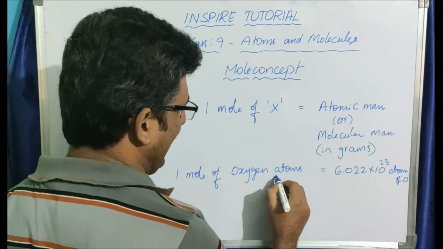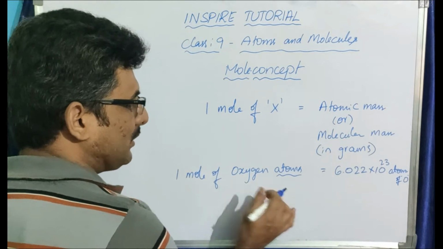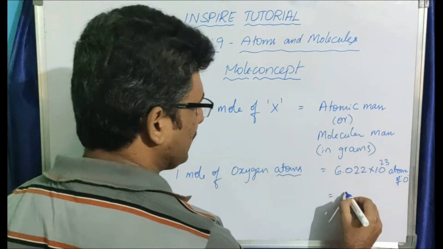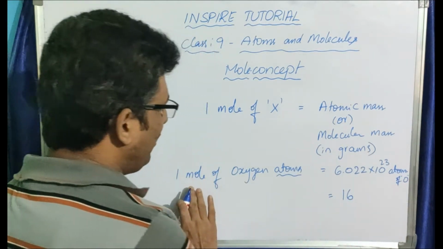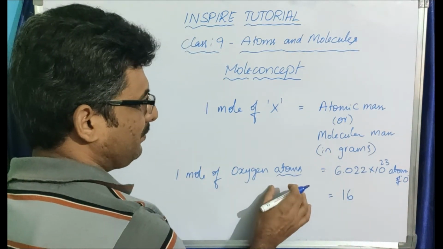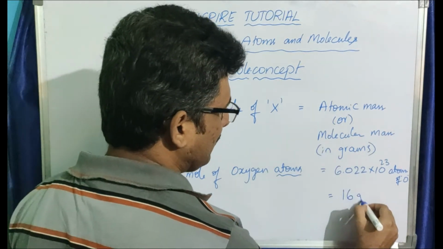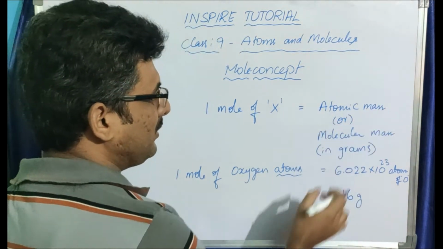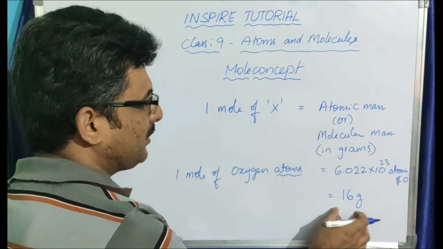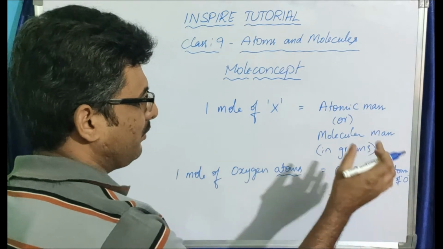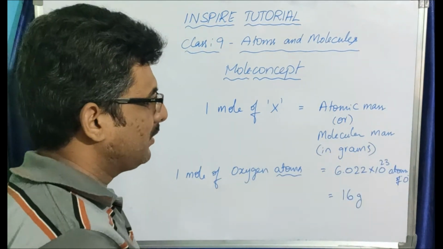You're talking about oxygen atoms, so we will take atomic mass. And what is the atomic mass of oxygen? The atomic mass of oxygen is 16 units. So here the 1 mole of oxygen atoms will have mass of 16 grams. You will take atomic mass in grams. So 16 grams of oxygen atoms will be equal to 1 mole of oxygen atoms.